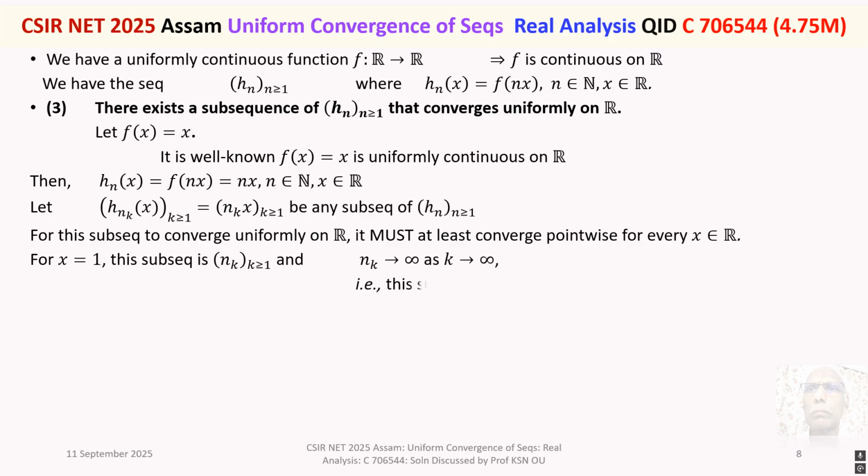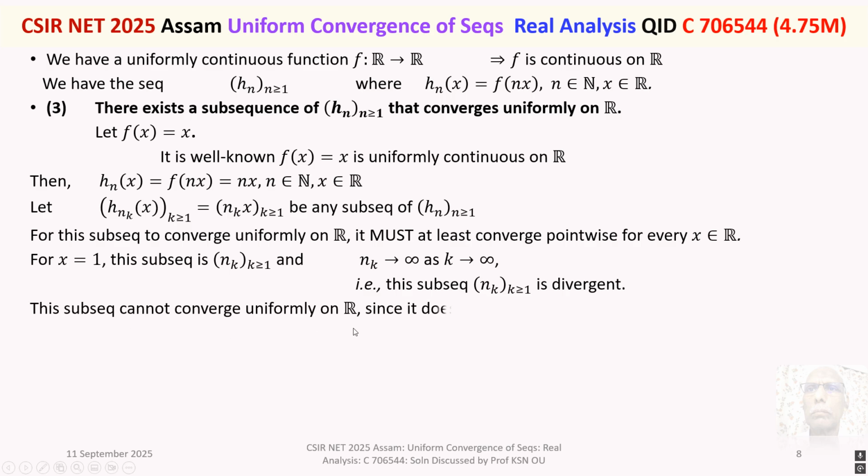Therefore, this subsequence is divergent. We are not getting pointwise convergence. This subsequence cannot converge uniformly on R, since it does not converge for every x in R. So option 3 is not necessarily true. In this situation, this fails.